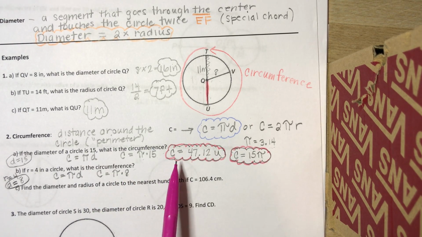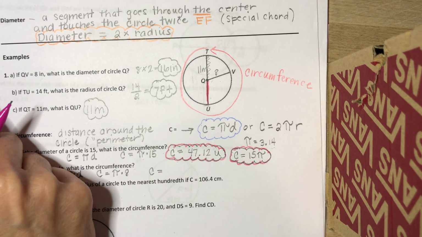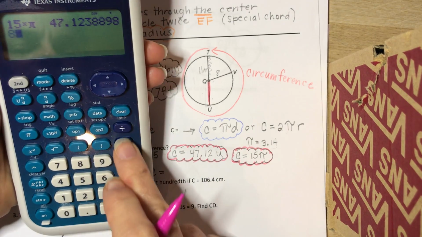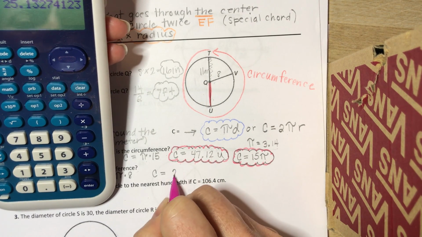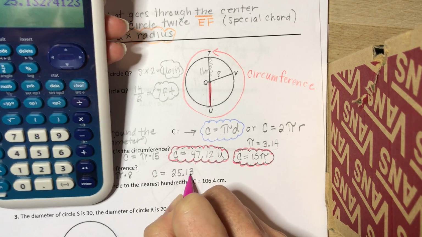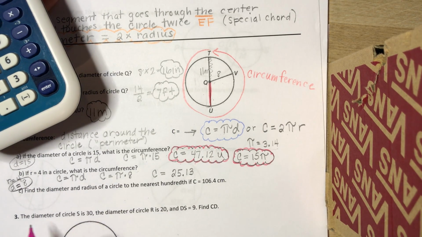I'm going to do both answers again. Circumference equals, if I do it on my calculator, I've got 8 times pi, which is 25.13. I did have units.